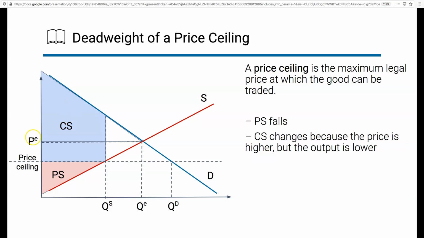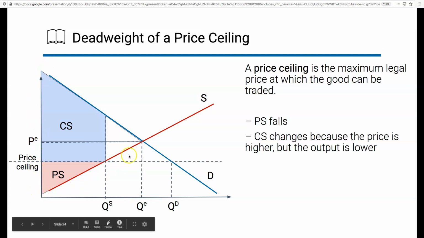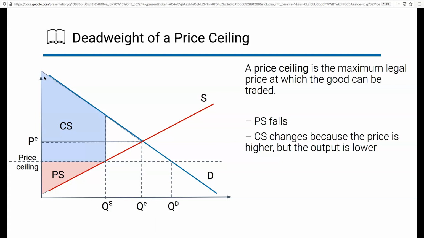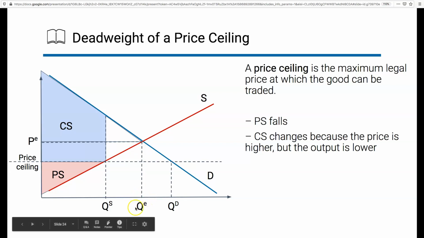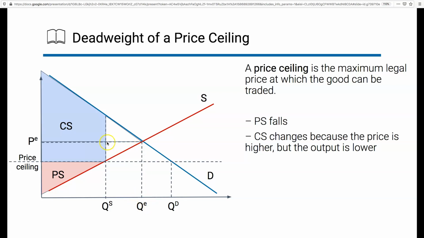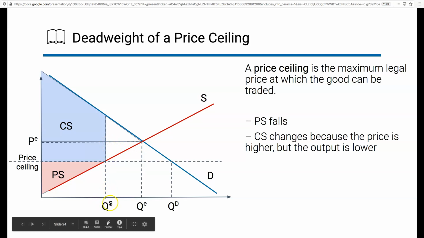But again, we took our large total surplus under the competitive equilibrium, tempered the price, and once we tempered the price, we ended up cutting out a chunk of it. And so that chunk again corresponds to the deadweight loss, because with the price ceiling, quantity traded in the market falls from the equilibrium level down to a lower level, quantity supplied at the price ceiling price.